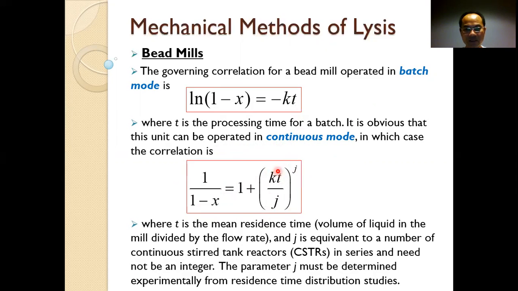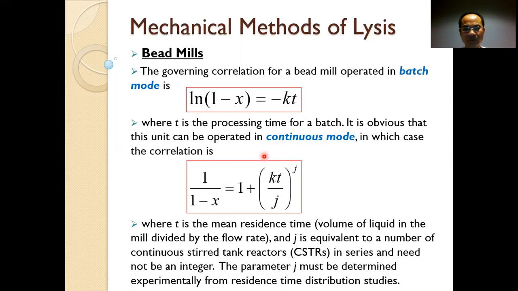K is a constant, maybe derived or obtained from experimental data. T for batch is the time from the initial time until the final time. For a continuous process, the time means the mean residence time, the time that the cell stays in the reactor or in the equipment.